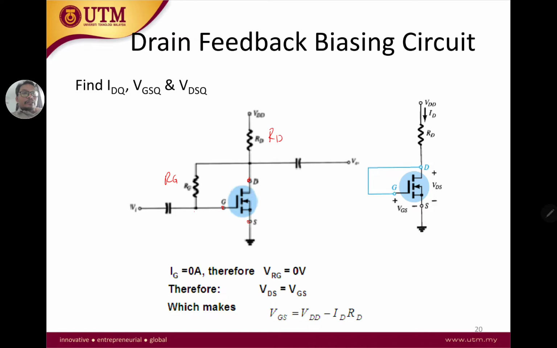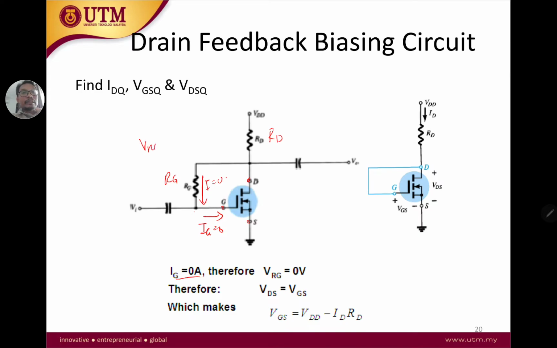Okay, so IG is 0. There is no current flowing through the gate, and therefore I here is equal to 0. So the current across RG will be 0 because your current through the gate is 0. Therefore, what is the voltage across RG?